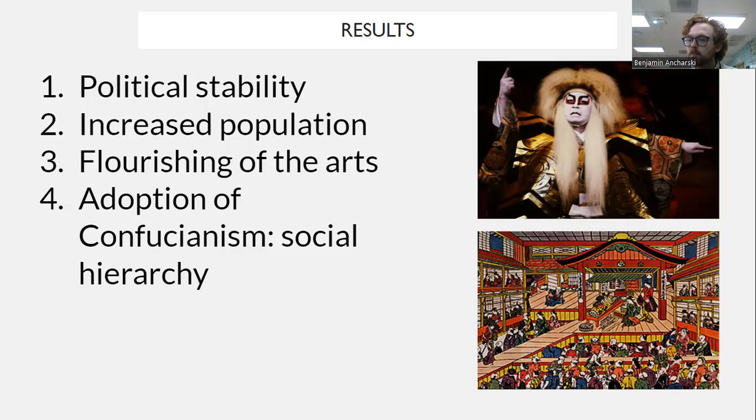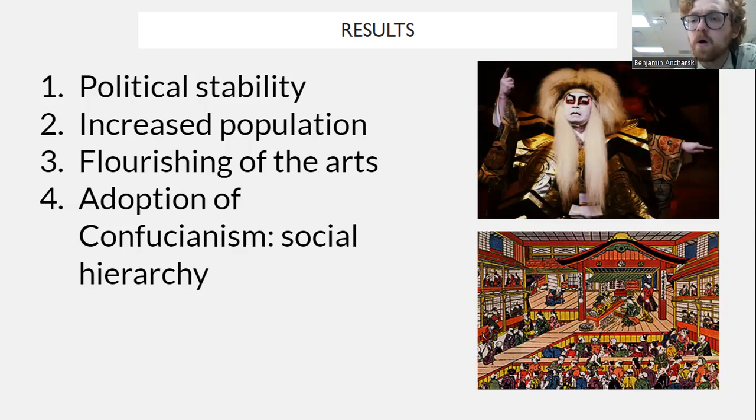Confucianism, as you might remember from our discussions of China, is this philosophical concept of a social hierarchy. That's one component of Confucianism. The idea that there are social superiors and that there needs to be a system of respect to one's elders, to one's social betters. And we do see the emergence of a class hierarchy based on Confucianism.